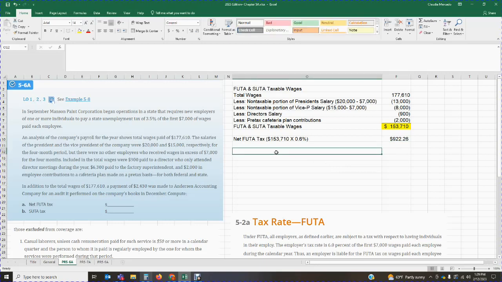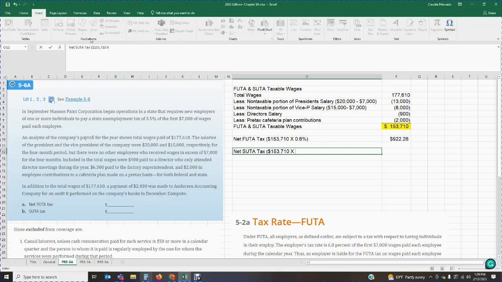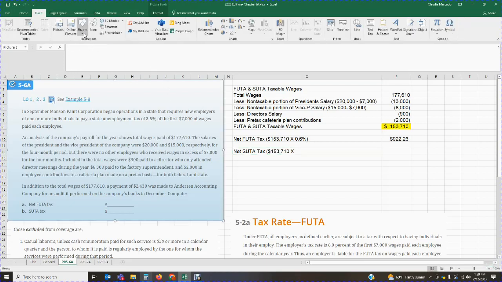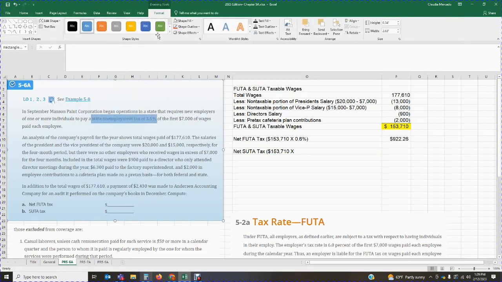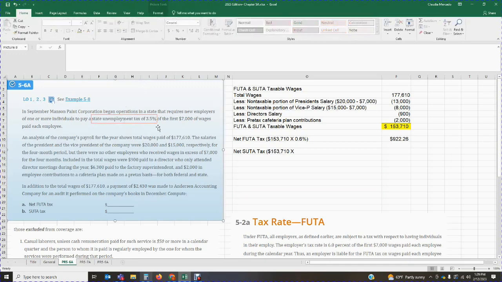The problem also asks to calculate the net SUTA tax. The SUTA taxable wages, we've already calculated them at 153,710. We're going to multiply that by the rate. In the problem, the rate provided for state unemployment tax is that of 3.5%.